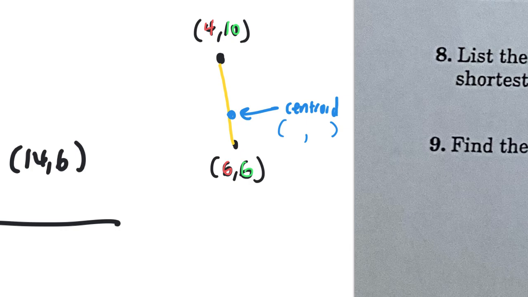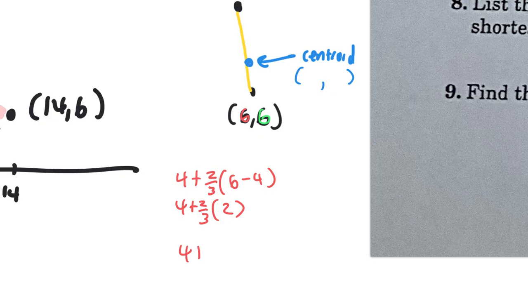So let's do it. It's going to be the x coordinate of 4 plus 2/3 of the difference between 6 and 4. I know that's a little crazy, but once again, we're finding 2/3 of this difference. That's right here. And then we're going to add that result to the 4. That's here. So 4 plus 2/3 times 2. 2/3 times 2 is 4/3.